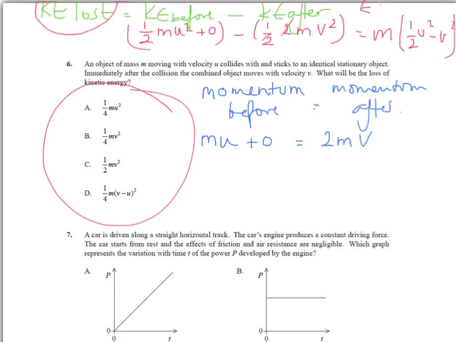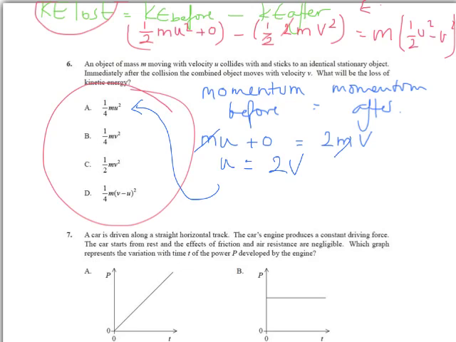So what does that tell us? That tells us that if we get rid of those m's that coincide, u equals 2v.